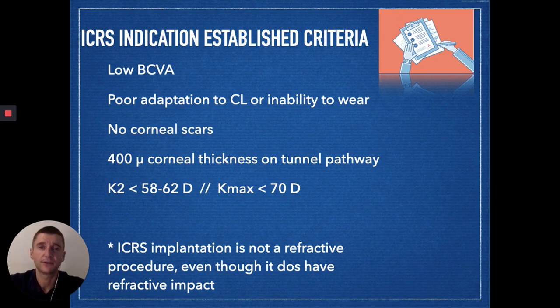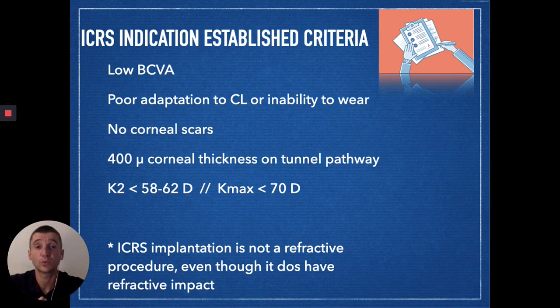Low best corrected visual acuity, poor adaptation to hard contact lens, or even inability to wear them, no corneal scars, at least 400 micron corneal thickness on the tunnel pathway. And we do have some variation about what we believe is the highest keratometry value we should treat, but it's a little bit controversial.